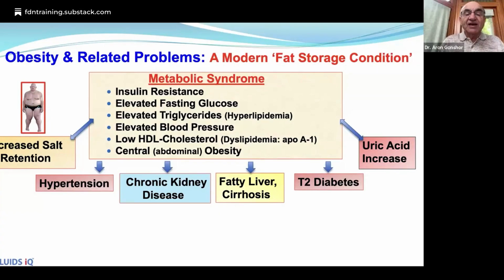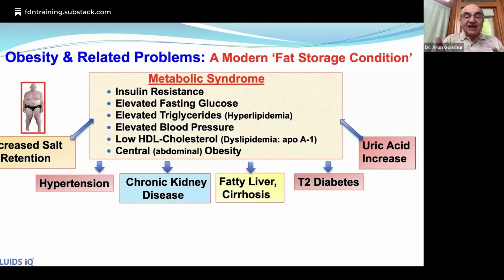So there's an elevated fasting glucose in blood and in saliva as well. Normally, there shouldn't be. But when you have metabolic syndrome, the glucose is elevated, so are the triglycerides. In fact, you have what's called hyperlipidemia, high levels of fat in the blood.